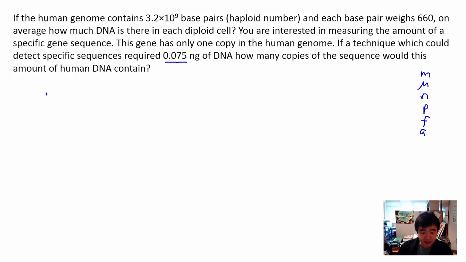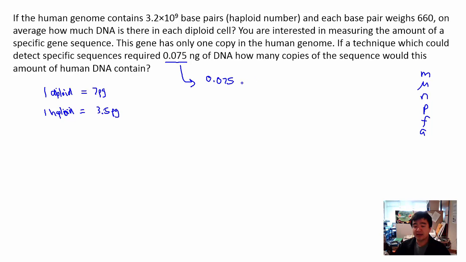From before, we know that one diploid cell has about 7 picograms of DNA, and a haploid cell has about 3.5 picograms of DNA. This technique can detect something as long as it has 0.075 nanograms of DNA. Okay, 0.075 nanograms, if we convert it to a nice number, is 75 picograms.